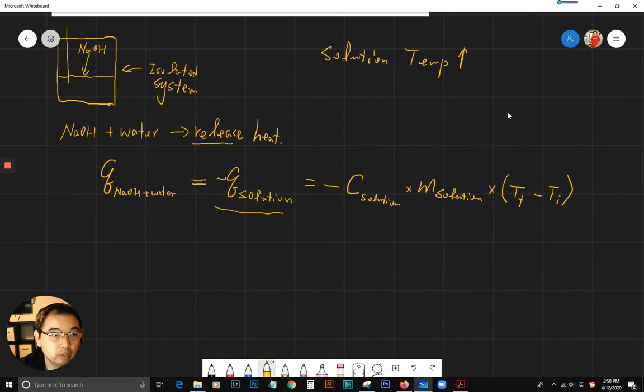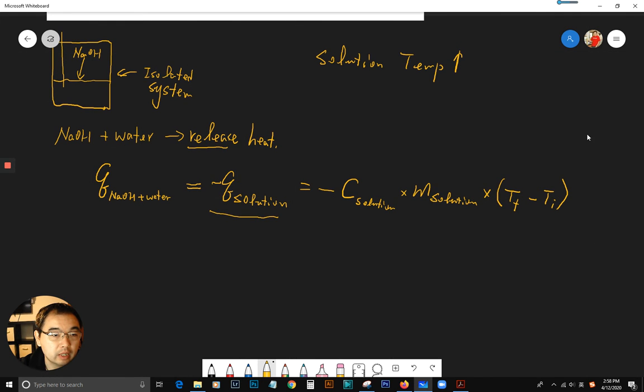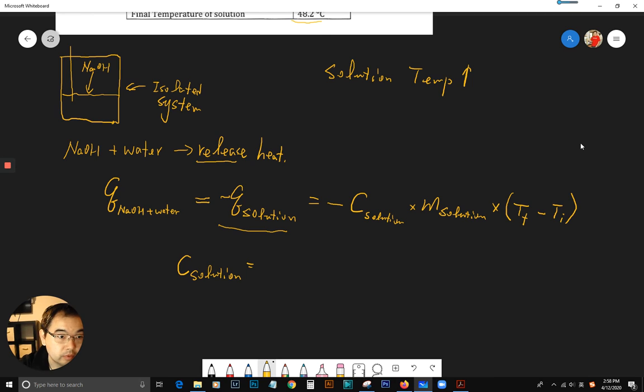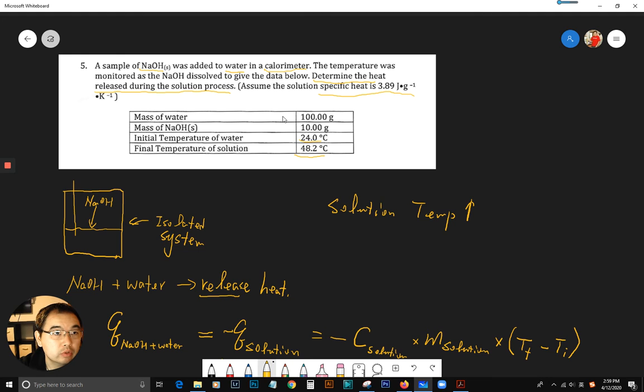I recommend you write down the parameters on the side, so you will find this is pretty neat. Do we have the specific heat of the solution? I think we do. It's in the question, which is 3.89 joule per gram per K. Do we have the mass of the solution?